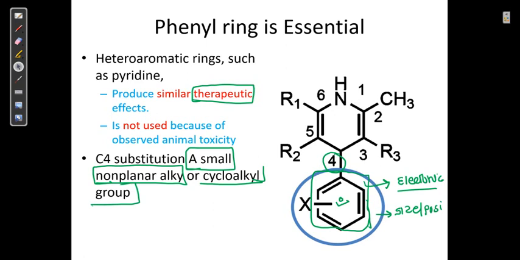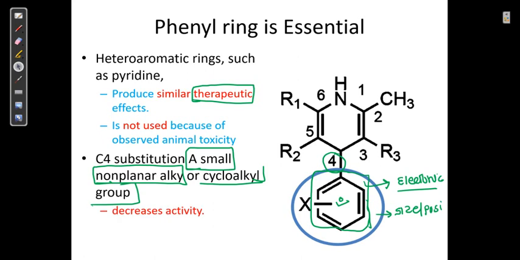In the case of alkyl we cannot block, and in the case of cycloalkyl we are not able to block it. To block it we require a 6-member aromatic ring that can lock it. But the lock alone is not important. After that we also require less toxicity, since toxicity decreases activity.